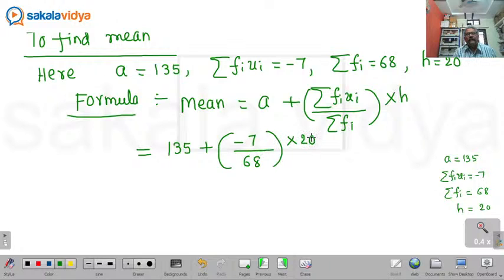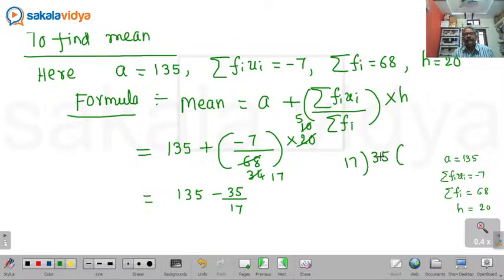multiplied with 20. 2 tens are 20, 2 34s, 2 5s, 2 17s. So 135 plus into minus 7 into 5, minus 35 by 17. So 35 divided by 17. 17 2s are 34.